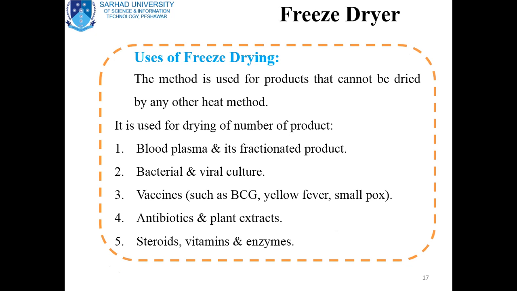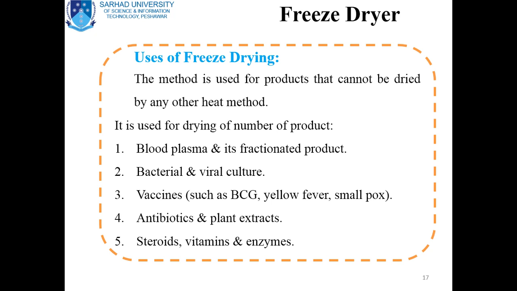Now in this part of the lecture, we will discuss the uses of freeze drying. The method is used for products that cannot be dried by any other heat method because of the several reasons that we discussed at the start of the lecture. It is used for drying a number of products, including blood plasma and fractionated products.